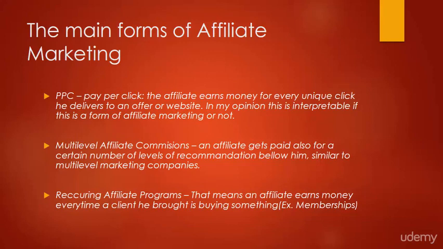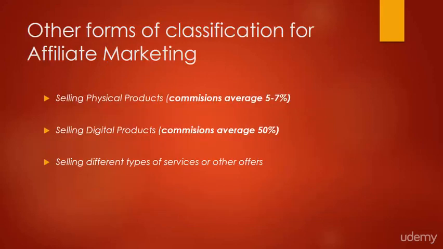If you promote a membership that costs $15 every month, and that guy pays $15 every month, and you have a commission of 30%, you will get 30% of that membership every single month, which is actually cool because you can build a residual income. So these are the main forms of affiliate marketing from a financial standpoint, or how you can earn money.